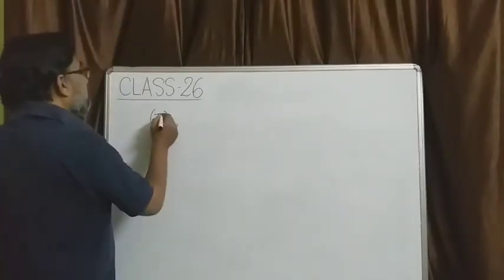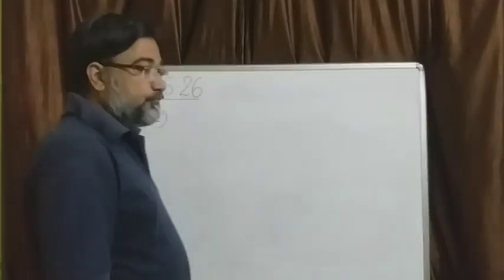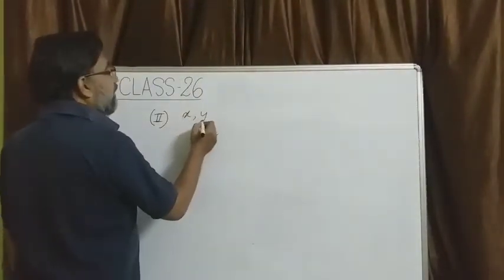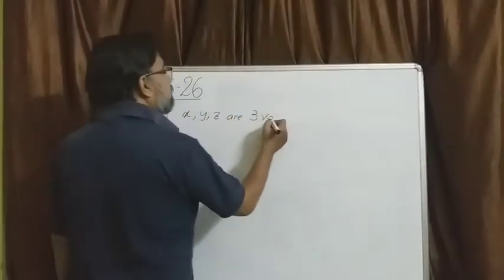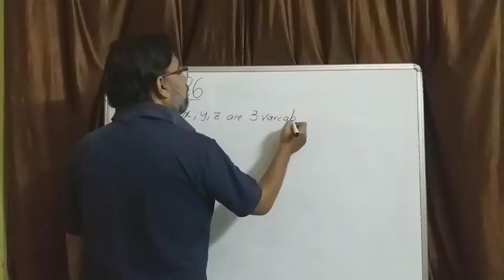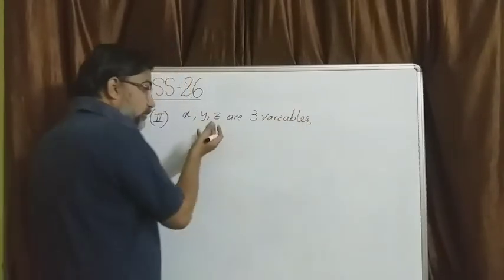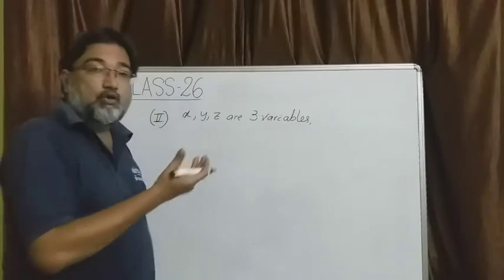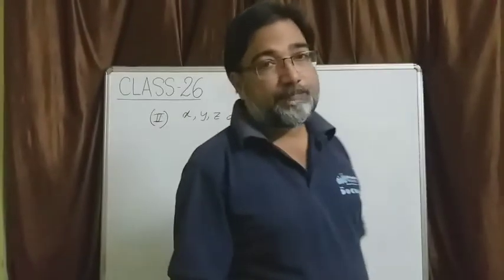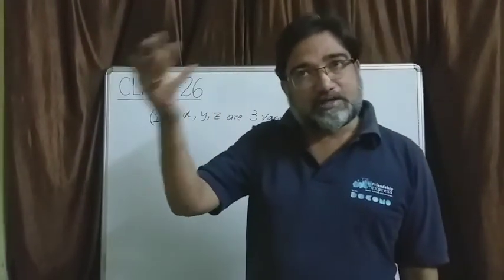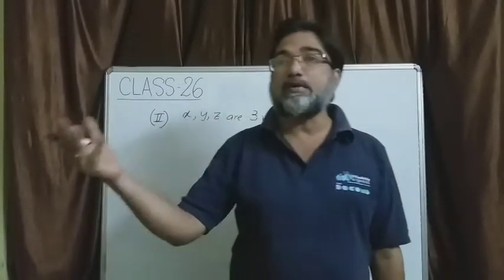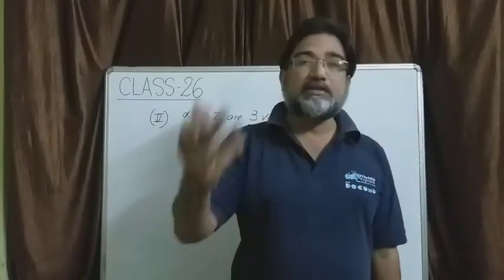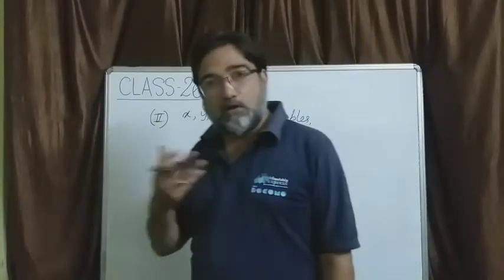Then theorem number 2 says, if x, y, z are 3 variables, because I am writing it from the domain of mathematics, I am telling x, y, z, but you can very well visualize x, y, z as pressure, volume, temperature, or volume, temperature, entropy, or entropy, enthalpy, and Gibbs function, any 3 properties. Okay, so they are all variables.